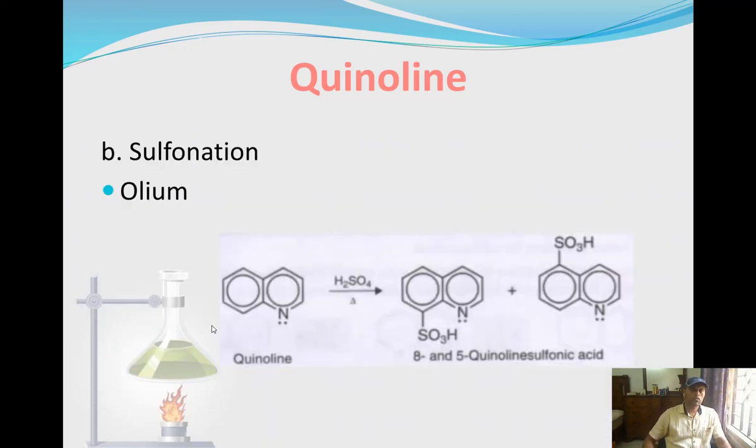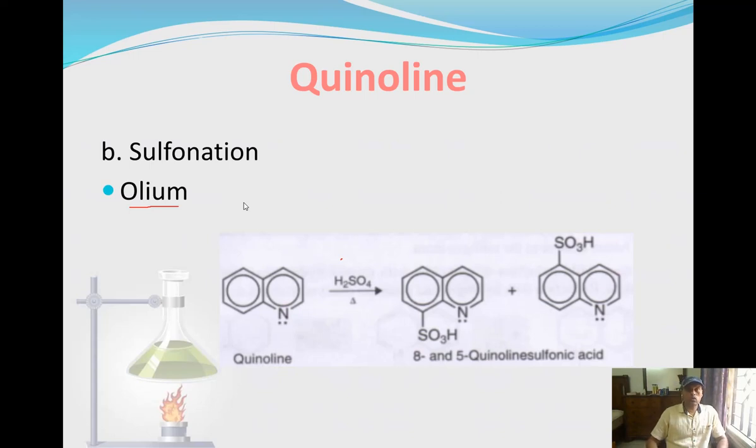Let's go to the sulfonation next. It is almost the same kind of reaction. You are taking oleum here because you need the fuming sulfuric acid, as we came across earlier, that it is going to give the electrophilic substitution reaction in vigorous conditions.